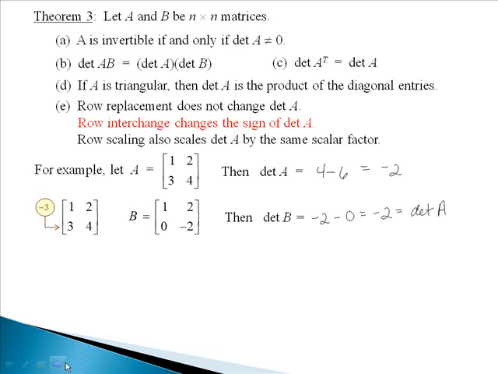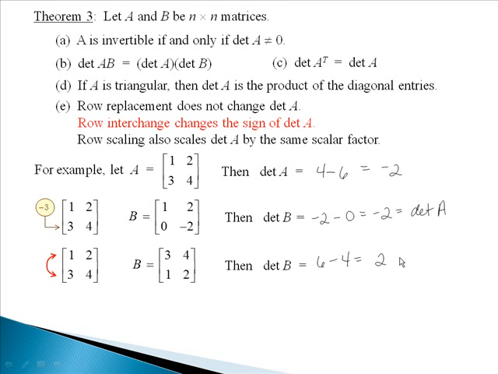Now we're looking at row interchange. If I change the rows of A and produce this matrix B here, then the determinant of B is going to be 6 minus 4, which is positive 2. And that is the negative times the determinant of A. And now we're going to look at scaling.